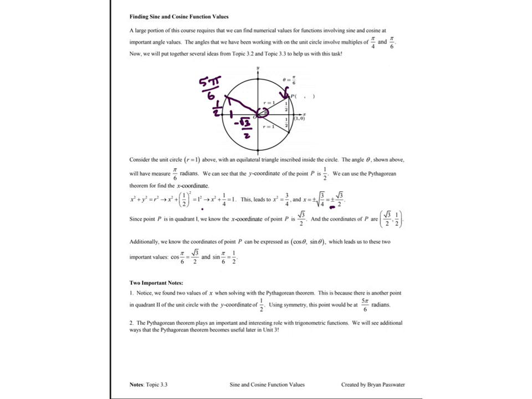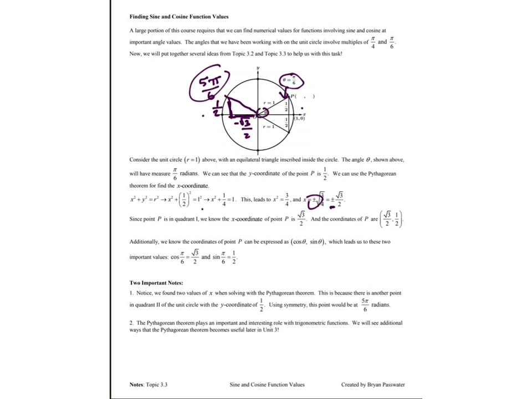Do you see that they get 2 values, plus or minus square root 3 over 2? That's what it's saying. It happens twice that my output is half. It happens at pi over 6 and again at 5 pi over 6 that my output is half, positive half, up half. My y value happens to be positive.